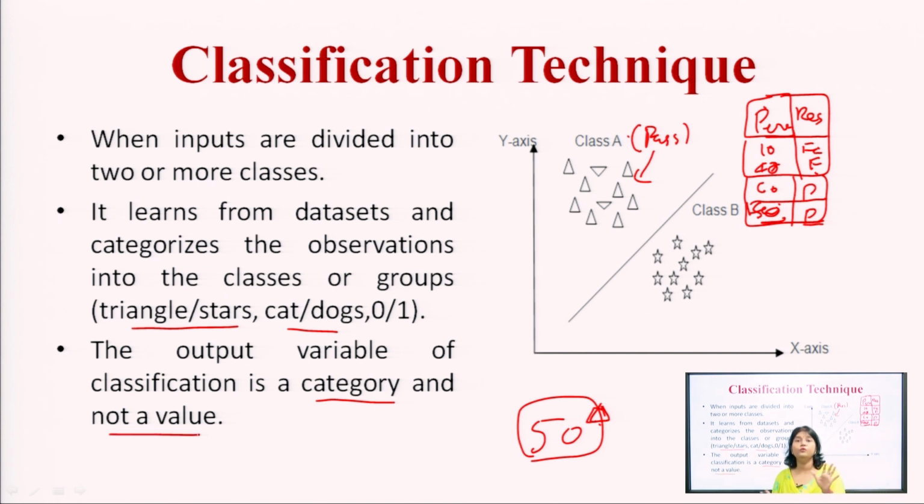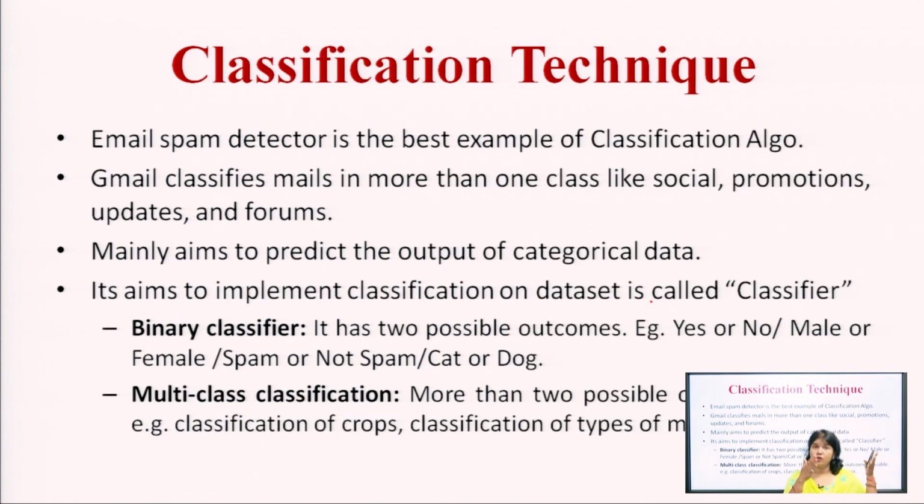There is no value, it will just come under a category, whether this category or that category. The classification technique will give you the output in a category manner. That means there is as such no value allotted for that, it is just to tell you the outcome, it is just a category, right. In which category it is, it is already there.